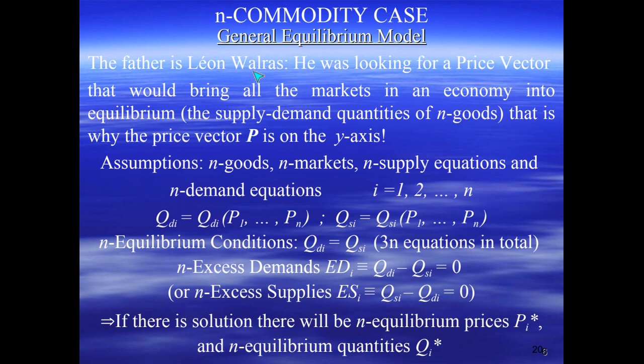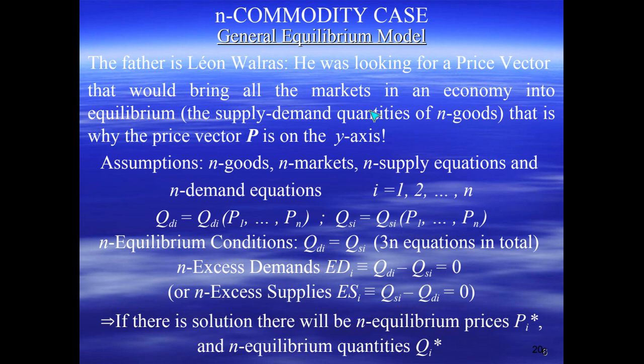It comes from these late 18th century, early 19th century economists, because Léon Walras' problem was to find a unique price vector which would bring all the N markets together in equilibrium, which means which would equate the supply and demand in each market simultaneously.